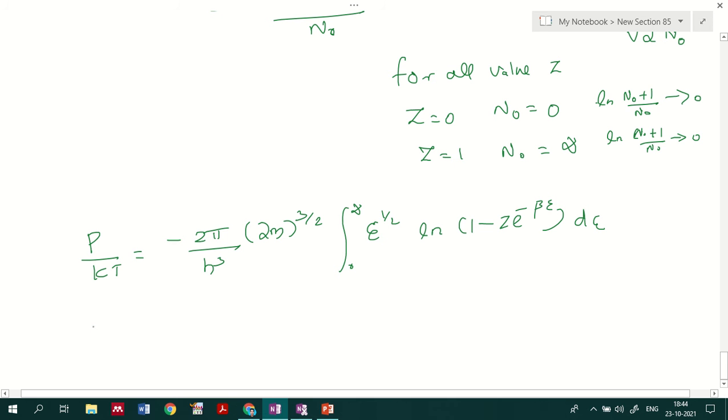And we also know there is another representation corresponding to n.